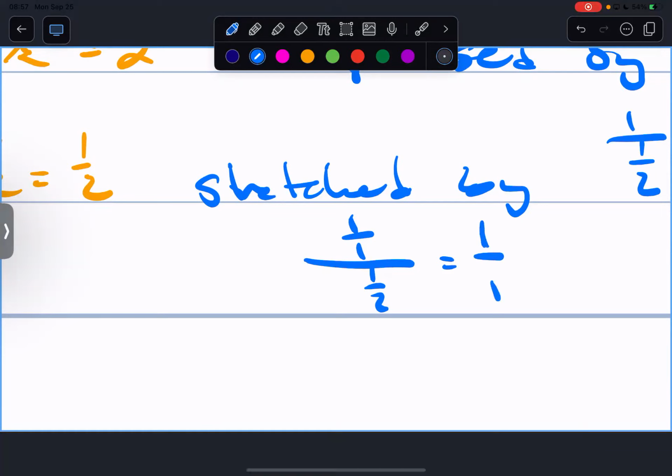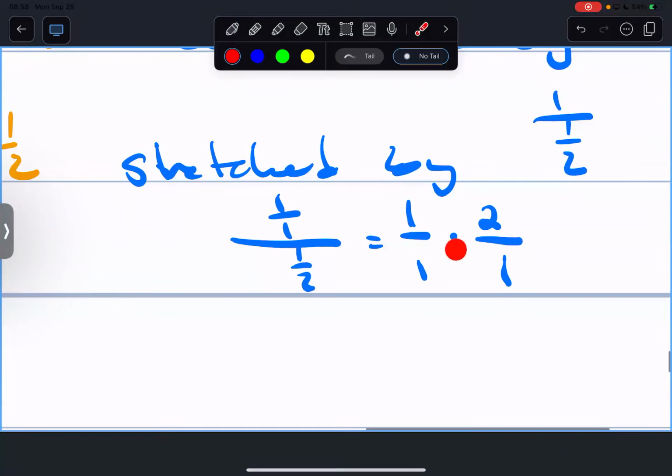Kind of unfair because we haven't reviewed working with fractions yet. But flip and kiss, if you remember that, right? You take your denominator and you flip it and then you multiply, kiss them. Here's a kiss. 2/1, right?